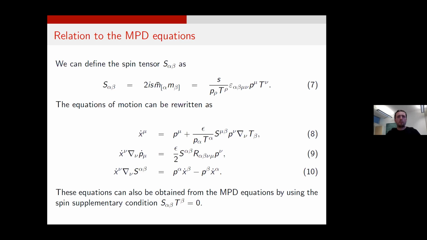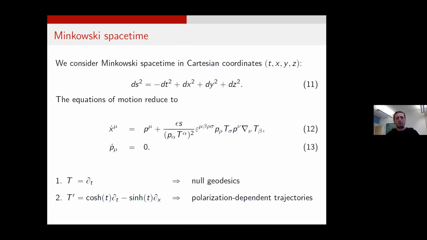Okay, so now let me go to an example, and hopefully this example will help clarify some of the things. Given the equations of motion, the most basic example that we can look at is Minkowski spacetime. In Minkowski in particular, the equations simplify a bit. So we have basically geodesic equations plus a correction term over here in the x dot equation, which explicitly depends on the choice of external timelike vector field t.